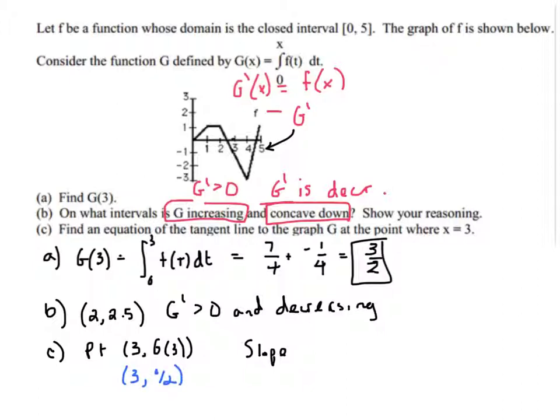The slope: to do slope, I need the derivative. So I need to know what g prime of 3 is. So you go up here and g prime of 3 is negative 1.